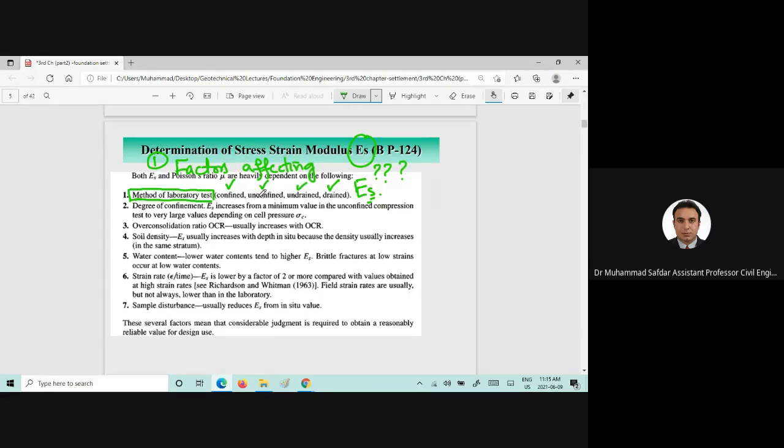In the unconfined compression test, we simply place a specimen and apply an axial load, and we obtain the stress strain behavior, and from that behavior at a particular strain level we can calculate the modulus of elasticity using this equation.